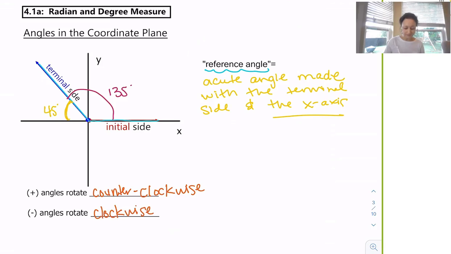Okay, so if I wanted to find negative 135 degrees, I would still start at that initial side, but go in the clockwise direction, okay? So this is negative 135 degrees. And if you notice something, notice that 135 and negative 135 are reflections about the x-axis, and you will continue to see that pattern as we do some more here.